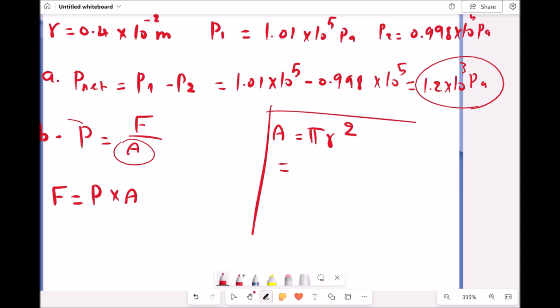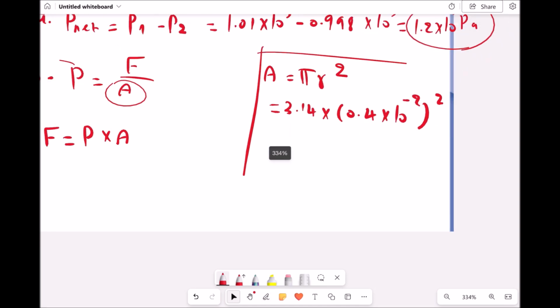Then you have 3.14 times, this is the radius, 0.4 times 10 to the power of minus 2, all of it squared. Let's multiply this and see what we get. 0.4 times 10 to the power of minus 2, all of it squared.